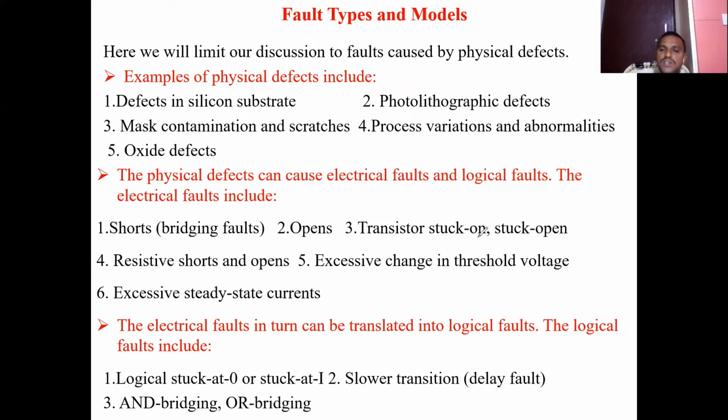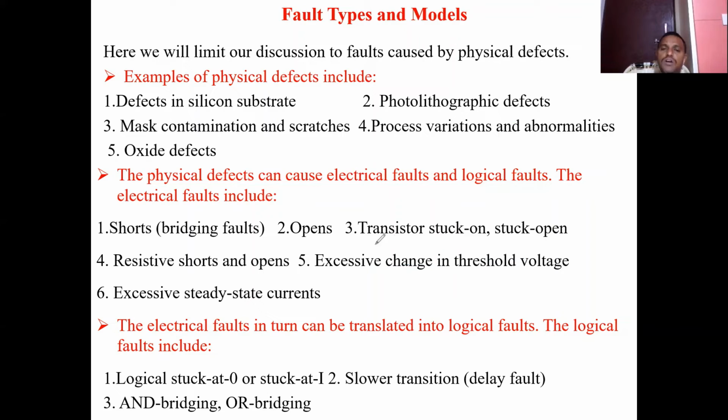That is transistor stuck on, stuck open. The next ones are resistive shorts and opens, excessive change in the threshold voltage, and excessive steady state currents. Why do we get excessive change in the threshold voltage?